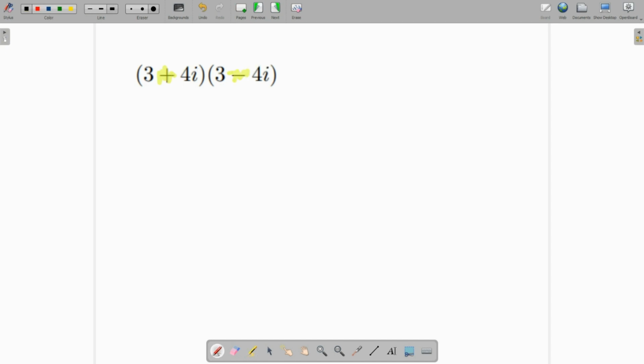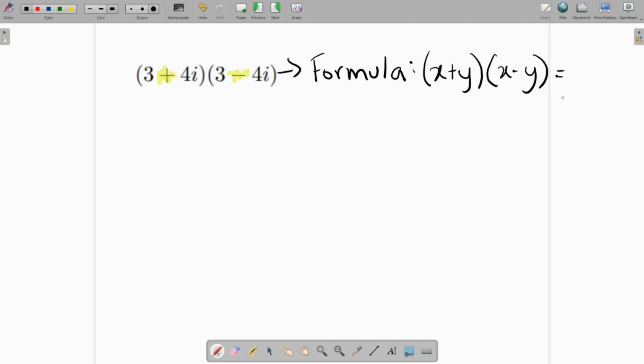Well, if you remember one of the formulas that you learned in algebra, we could use the formula. The formula is (x plus y) times (x minus y) is equal to x squared minus y squared.